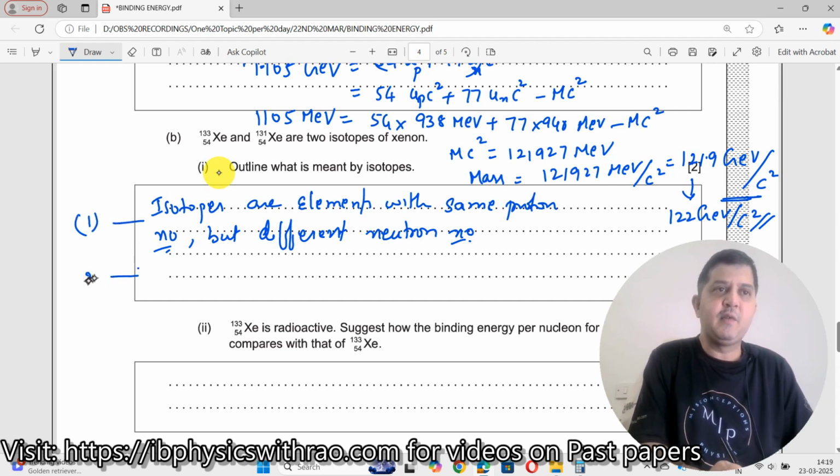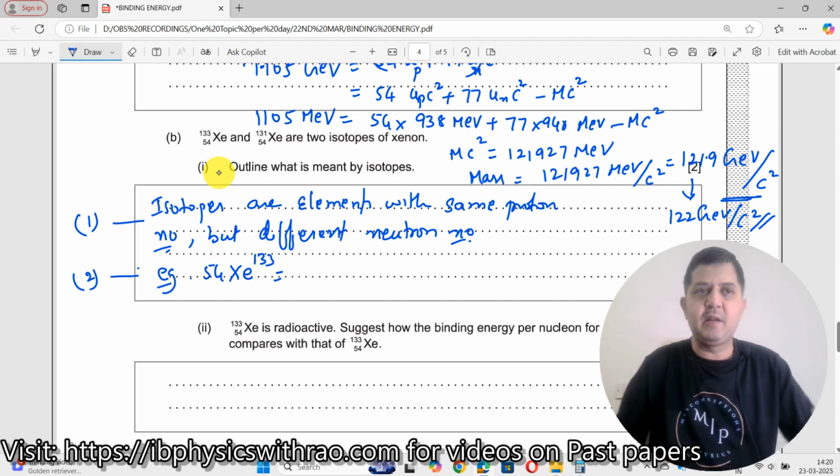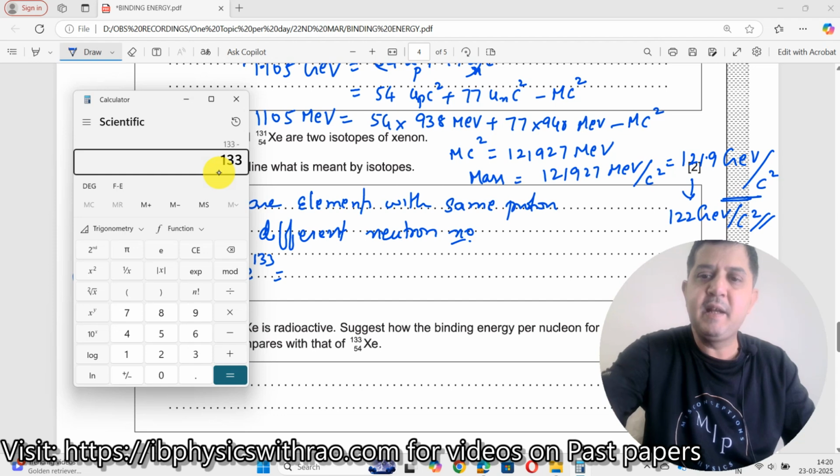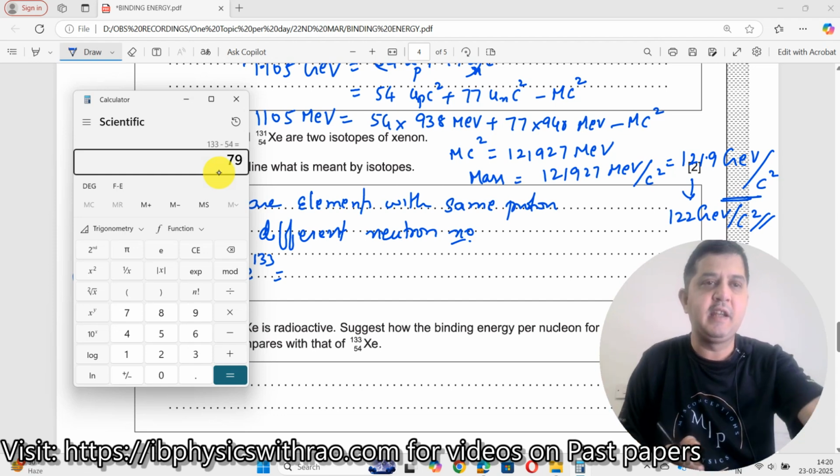Then the second one, cite the example. Example: 54 xenon 133 has how many neutrons? Let us calculate that also. 133 minus 54 will be 79.